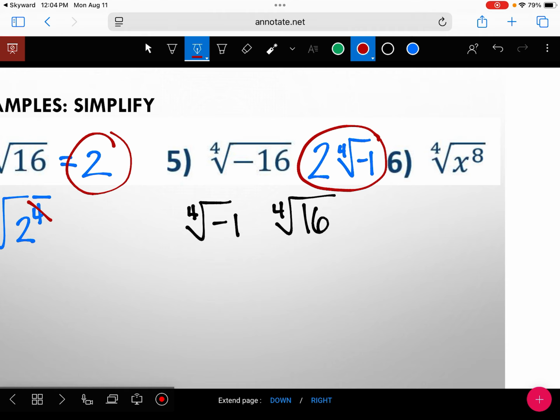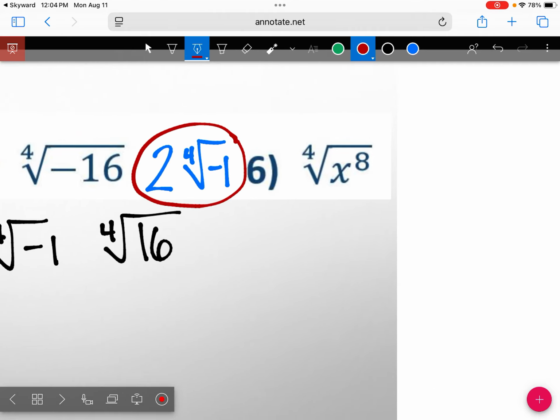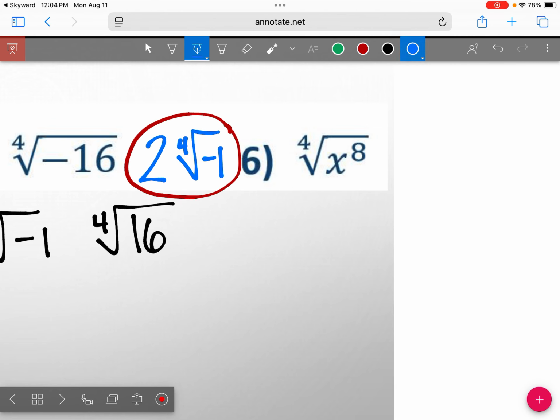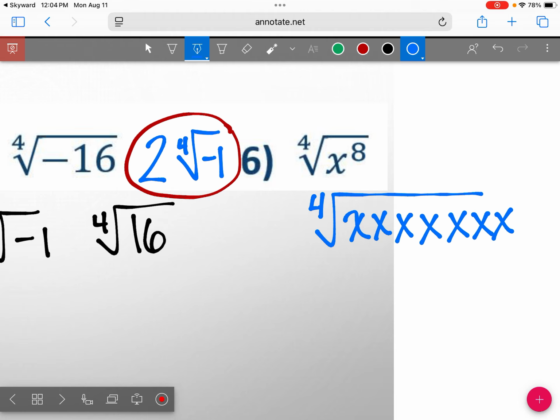All right, now let's talk about variables. Now you don't have to do this, but I'm going to show it to you one time because it did help my 4th period. So when you have the 4th root of variables, if I have x to the 8th, that means I have 8 x's under here. 1, 2, 3, 4. Okay. That's what that means. That index is telling me how many to put in a group.